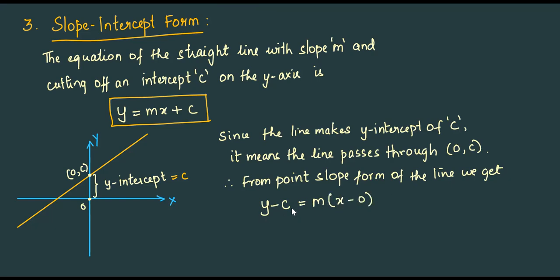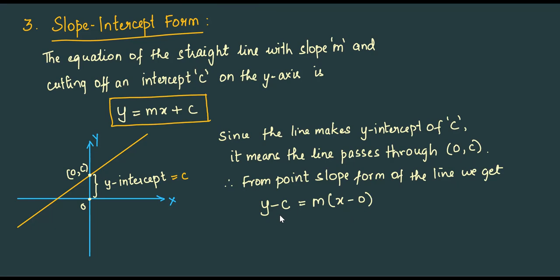y minus y1 is equal to m into x minus x1, so this is x1 comma y1 you have to take. The first form of straight line was y minus y1 is equal to m into x minus x1. Instead of y1, we write c. Instead of x1, we write 0.